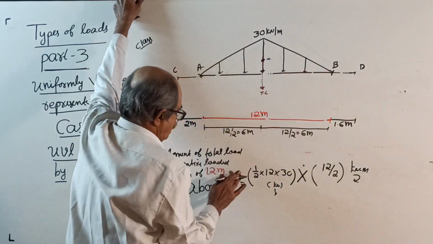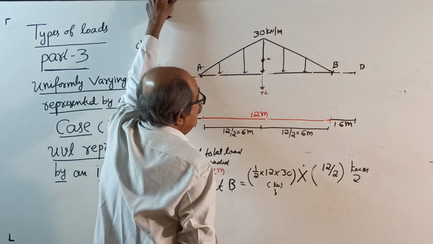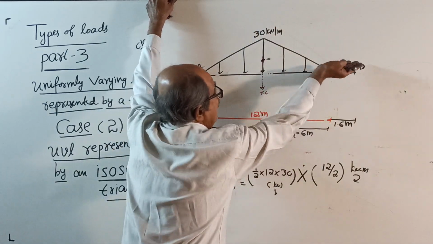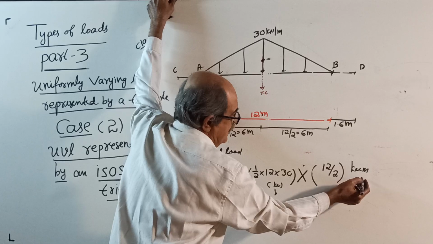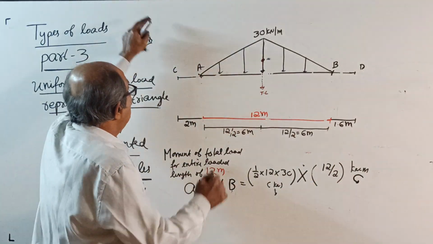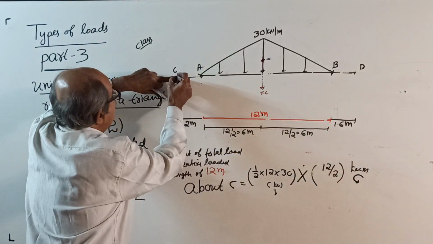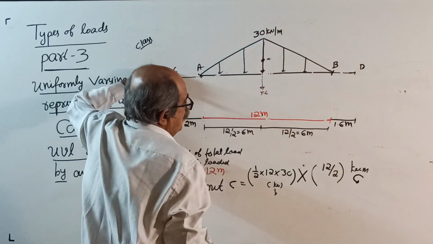Now once again, moment about B. Same load, same distance, but anticlockwise. Write once again if you want. Once again you write. Next, moment about C. See, finger here now. Total load is already there.